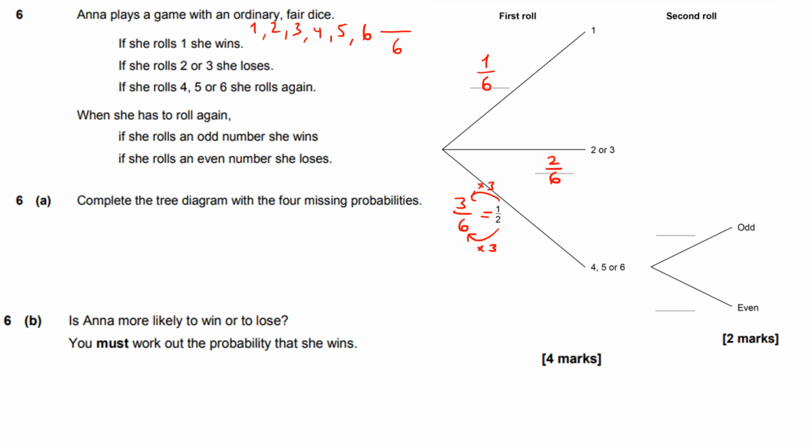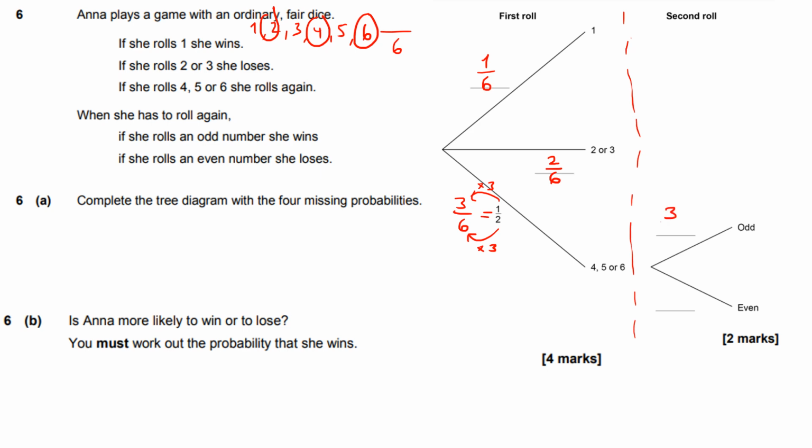Okay. Now, once we get to this point, we are then going to think about odds and evens. This only happens if she was to end up with 4, 5 or 6. She would roll again. So if you think about 1, 2, 3, 4, 5, 6, there are 1, 2, 3 out of 6 even, and 1, 2, 3 out of 6 odd possibilities.